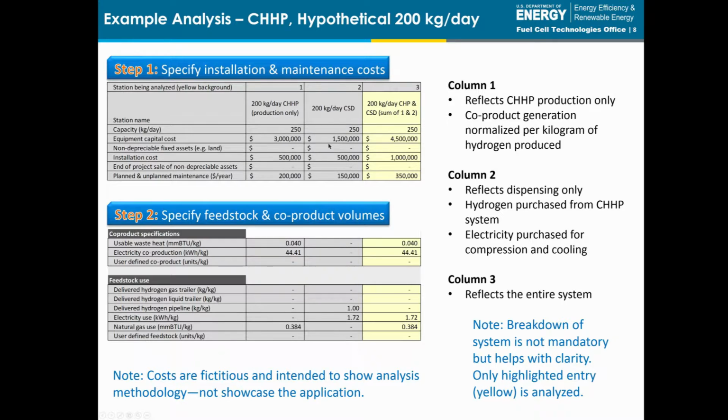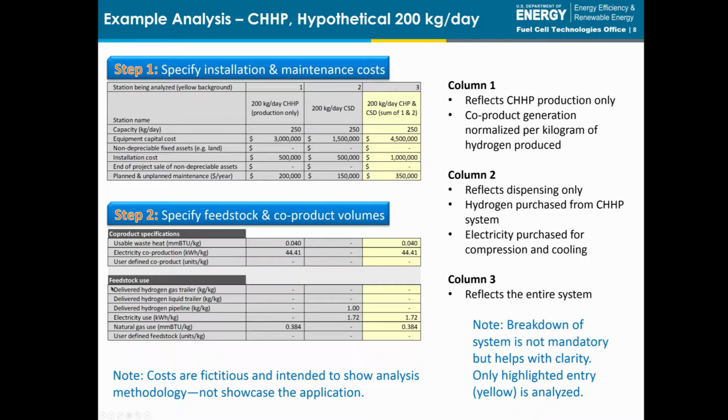So once you specify your capital, installation cost, planned and unplanned maintenance, you would go to step two, where you will specify available co-products. As we said, we have some co-products in terms of usable waste heat from this type of system. We co-produce some electricity, and those are reflected here.